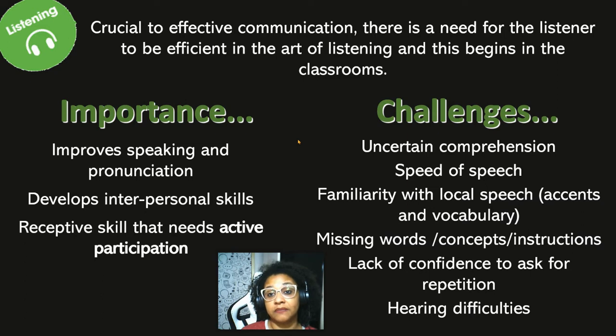So, challenges can be overcome, and students have to be reassured that listening is part of their learning process, and the more they do it, the better they get at it, of course.